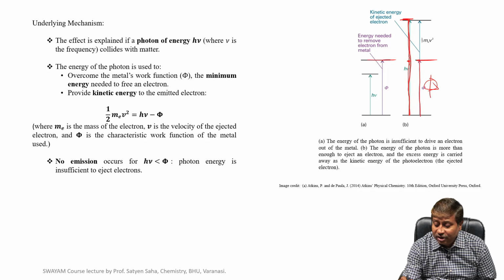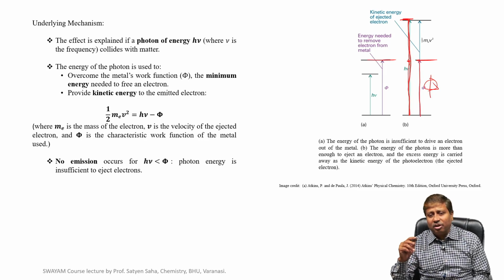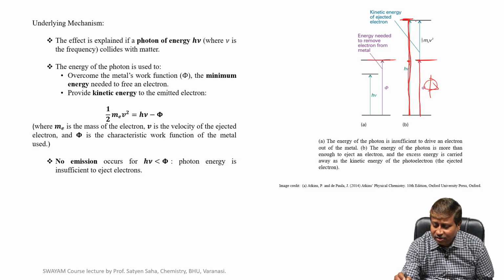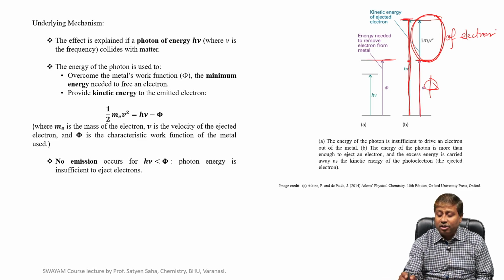Then the electron will be ejected with a kinetic energy. How much is the kinetic energy? This difference. This is half m v square, the kinetic energy of the electron.